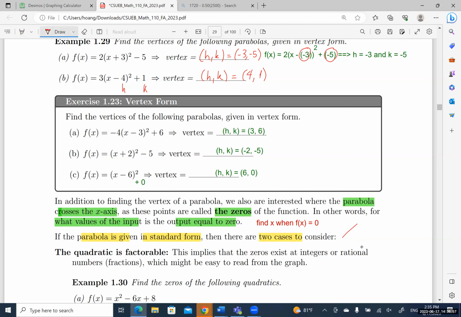One case is, can you factor? Can you factor? All right. Can you factor?